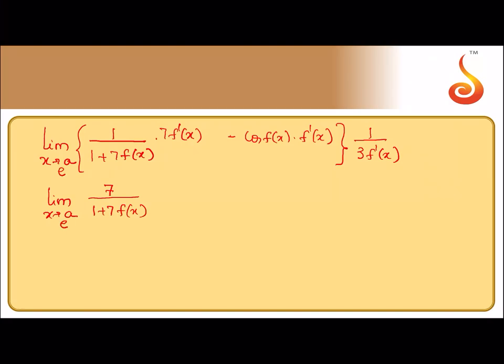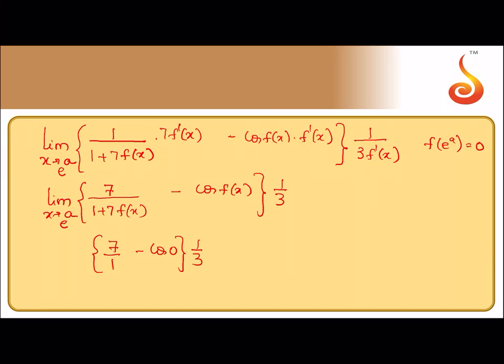This is the numerator, and the denominator is 1 by 3 f dash x. What we observe is f dash x will cancel. Limit as x tends to a, you get 7 by 1 plus 7 f of x, as x tends to e to the power a, minus cos f of x in the bracket, into 1 by 3.